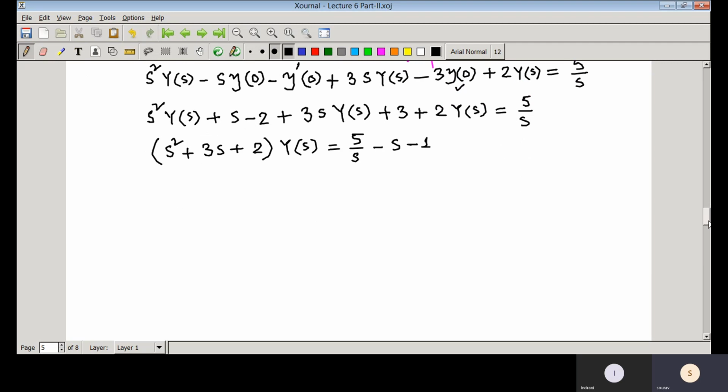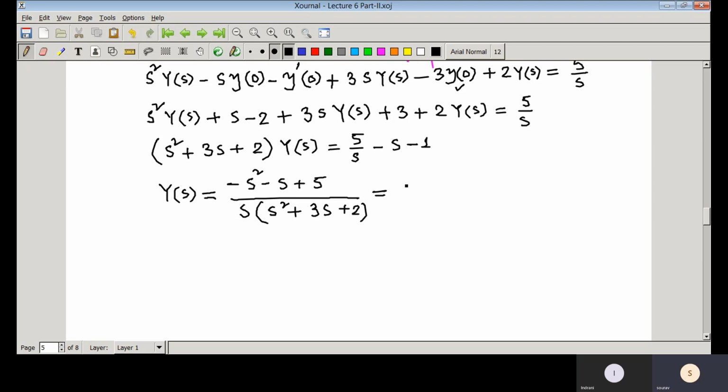So now you can write Y(s) equal to (minus s² minus s plus 5) over s(s² plus 3s plus 2). Then we need to find what is y(t).